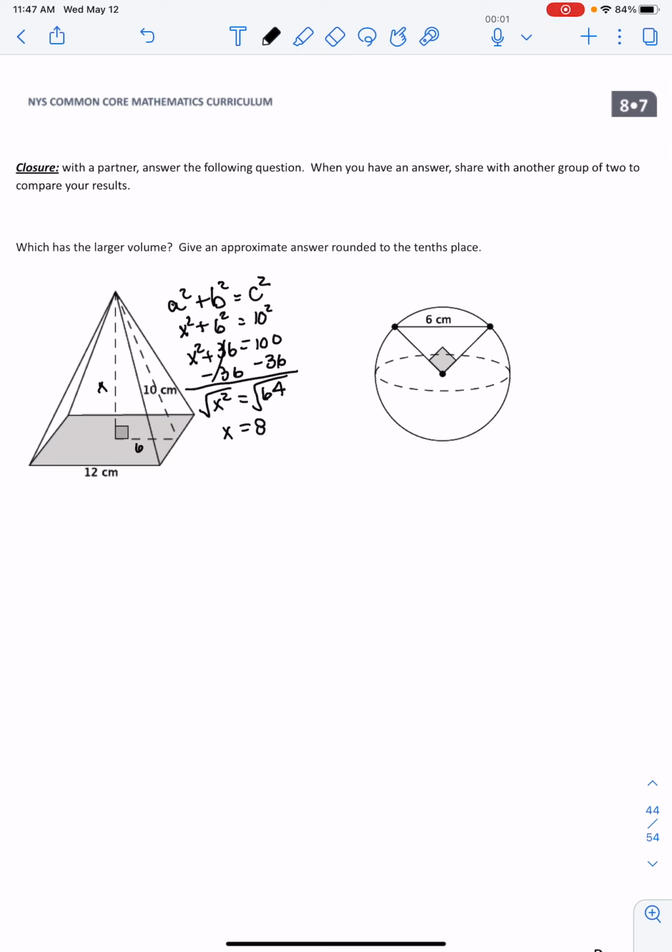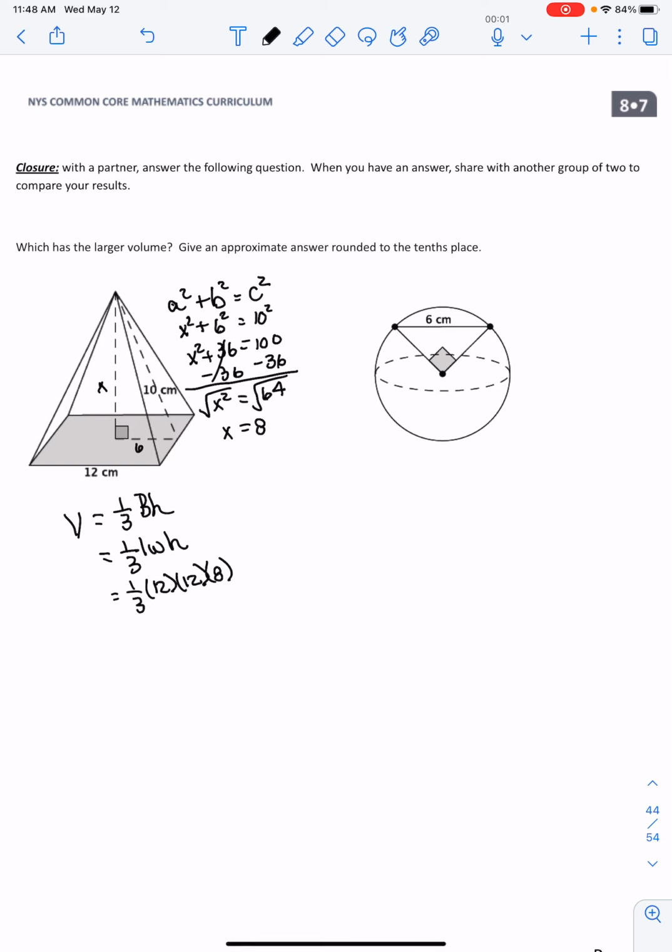So now my volume is 1/3 base times height, or 1/3 length times width times height. So 1/3, 12 times 12 times 8.